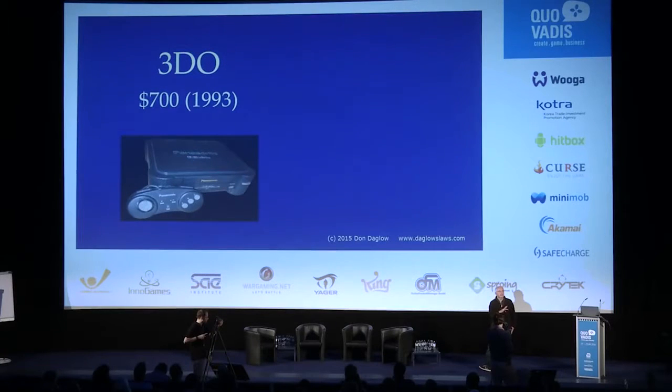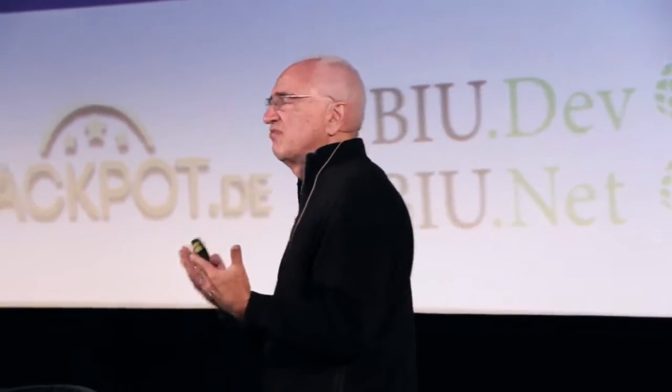Now we can go to the 3DO. 3DO comes out in 1993, and the objective of the 3DO was to be the first CD-based video game system. We had been really on cartridges and floppy disks. And the 3DO, the vision was, now we can use the power and the size of the CD for the first time. So it was $700 when it first came out.